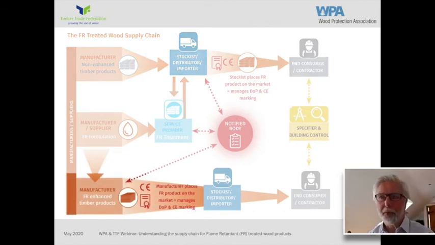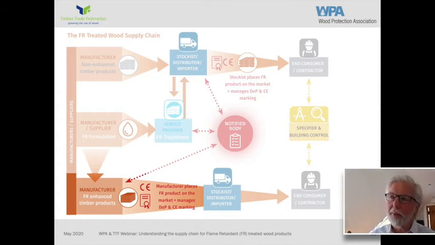In the bottom left corner, we have a manufacturer of flame retardant enhanced timber products. So this would be, as I said earlier, something like an MDF, an OSB, or a plywood product where the flame retardant has been added during manufacture. And because they are enhancing their product during the course of manufacture, and the product is being CE marked, the addition of a flame retardant is safety critical.